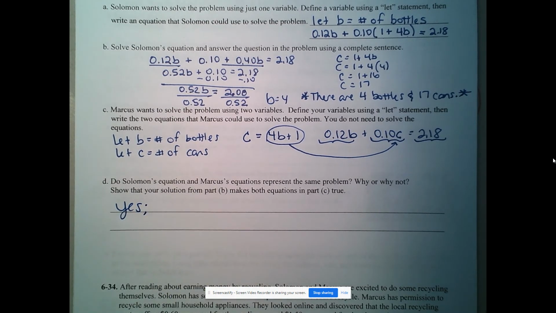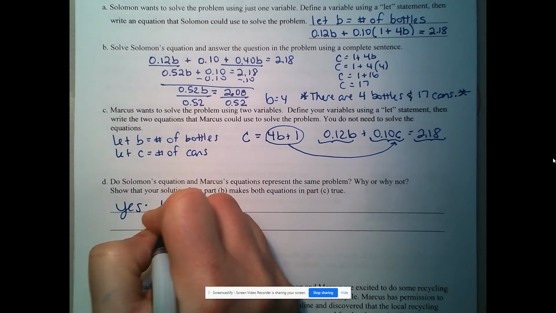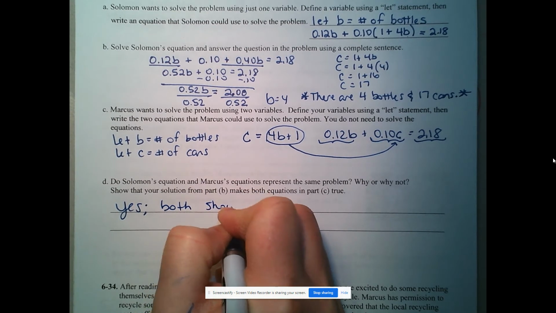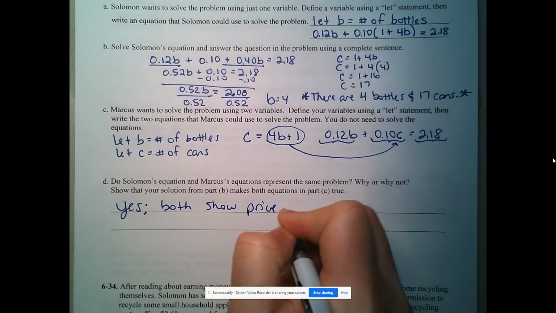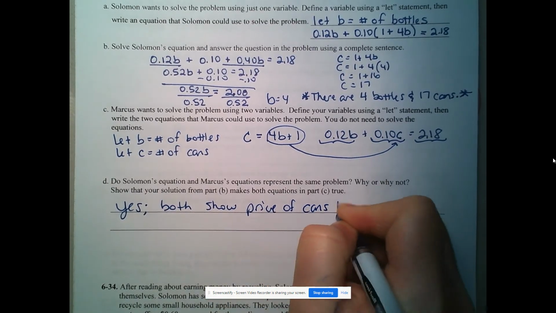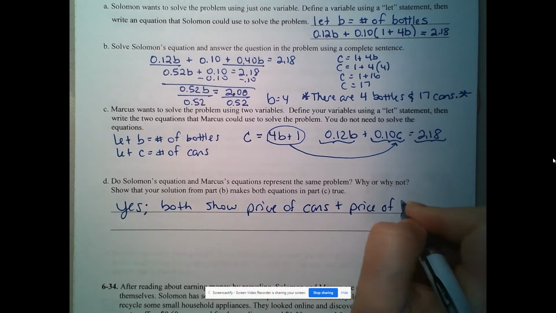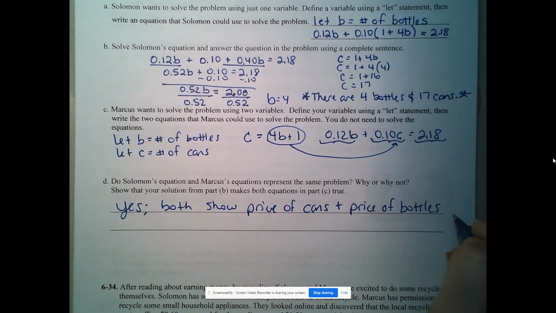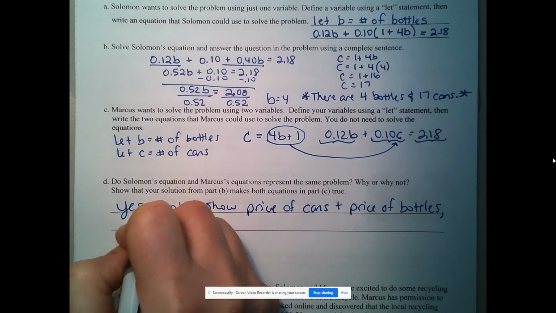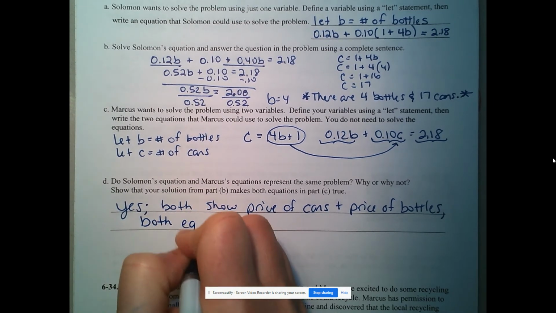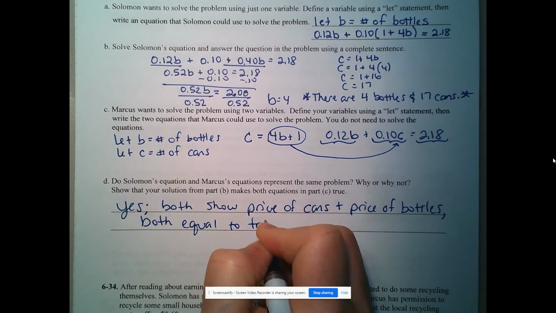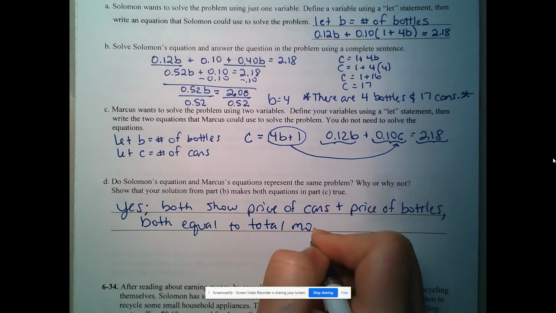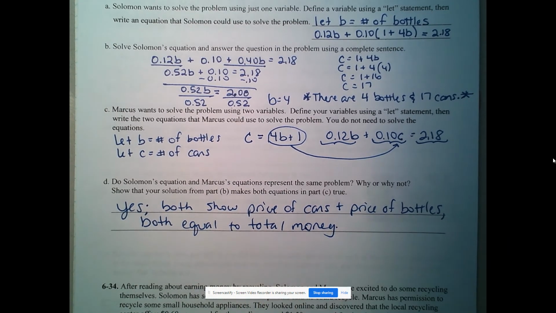They both show the price of cans plus the price of bottles. And we can also say they both are equal to total money. And they're both going to solve and give you the number of cans and the number of bottles.